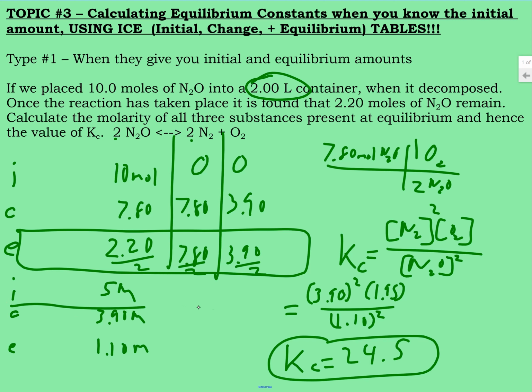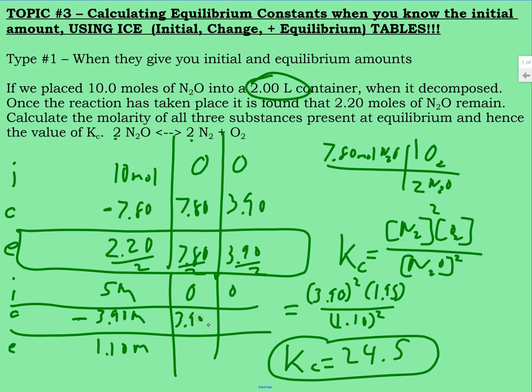Notice that it's important that our volume is not changing. So now I know my change. Those were 0 to begin with because there was no concentration. This went down. I really should have a minus sign there, sorry, and a minus sign up there. So this is going to go up by 3.9 molar.